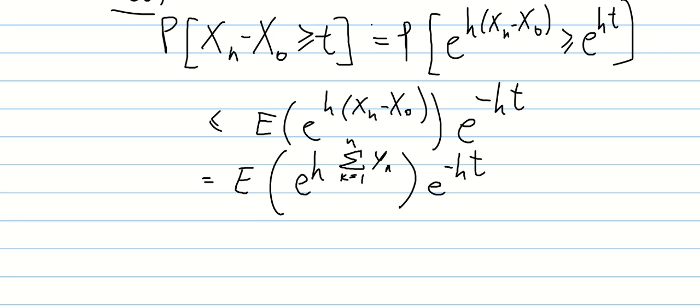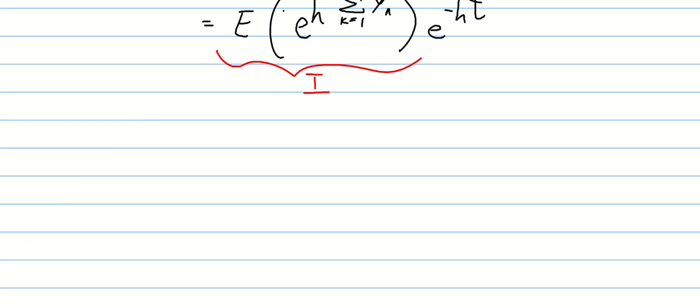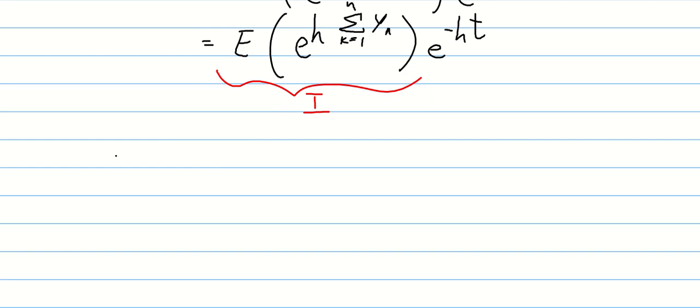But anyway, we want to bound this. So let's call this I. And let's start bounding this without, of course, using the independence, because it's not true. So we have this exponential of a sum, I_k here.